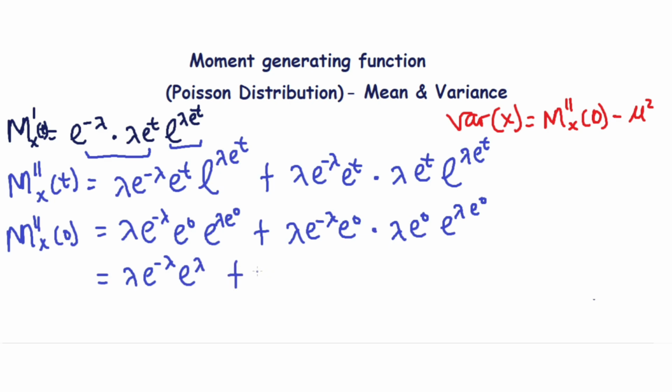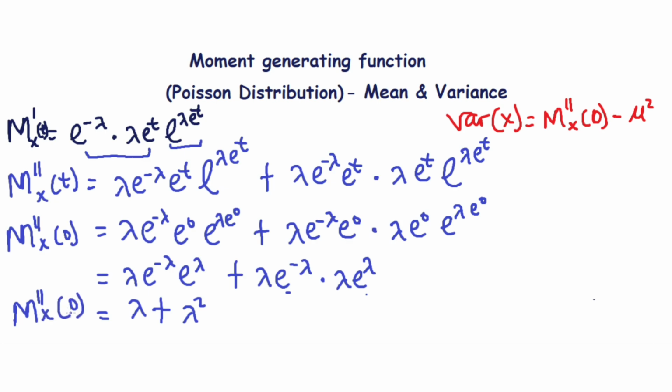Then plus lambda here, e raised to the power of minus lambda, e raised to the power of 0 is 1, so I still have times lambda e raised to the power of lambda. Because this cancels this, and this cancels this, I have lambda plus lambda squared. That is my second derivative with respect to t at t equal to 0.